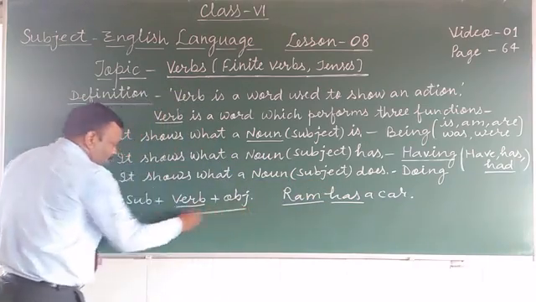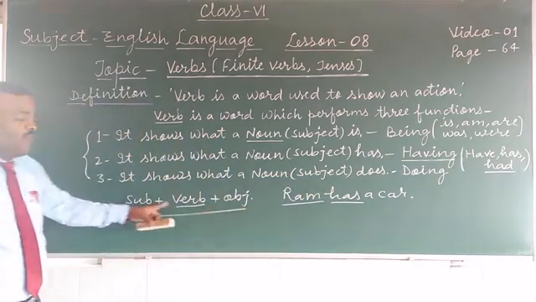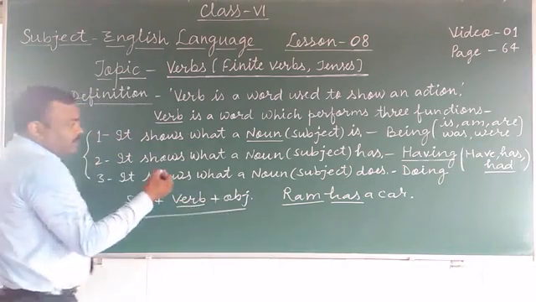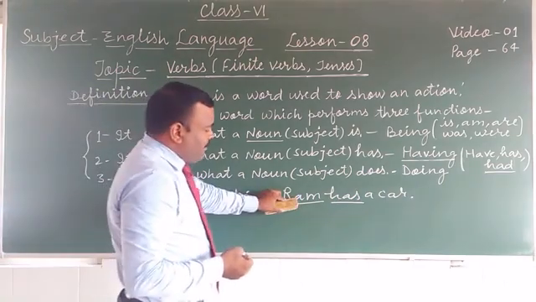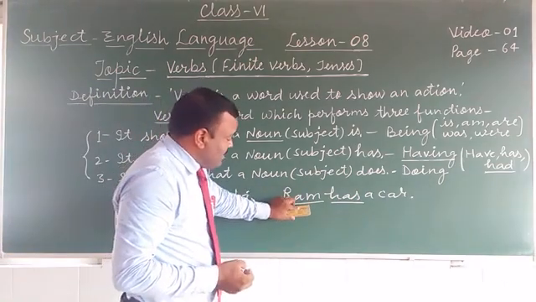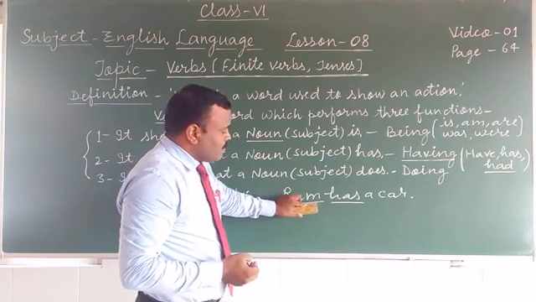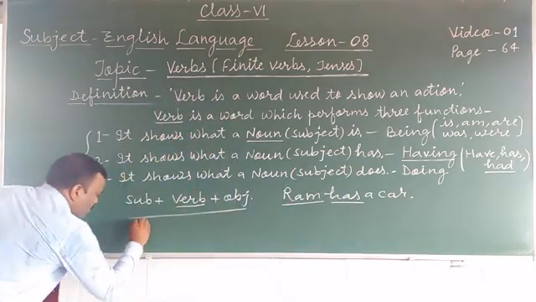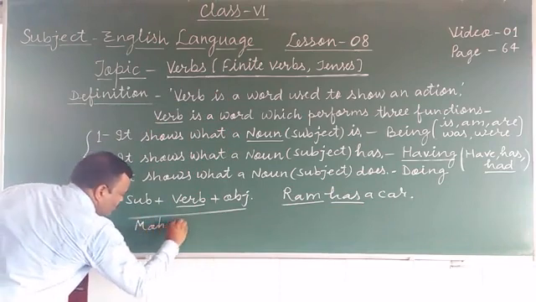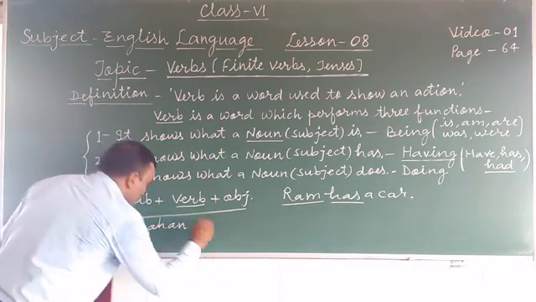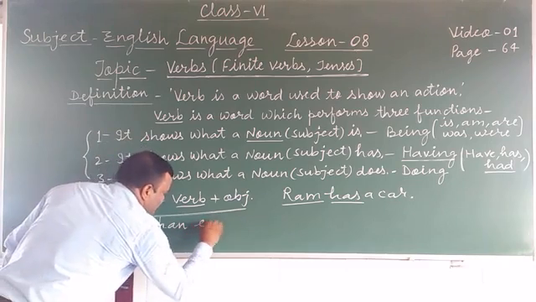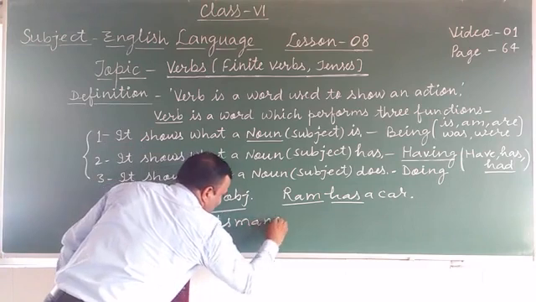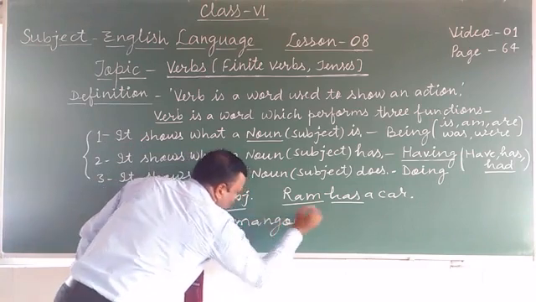So this is the pattern of a sentence: subject, verb, object. So what a noun does. For example, here I have written Ram. Ram is a noun and Ram is the subject of the verb. For example, Mohan eats mangoes.